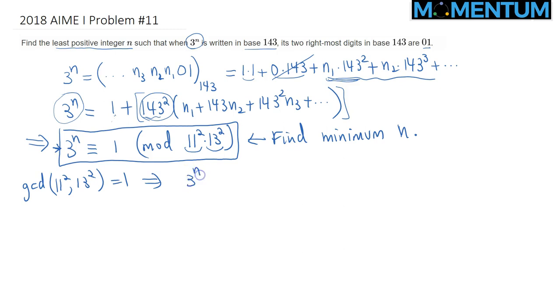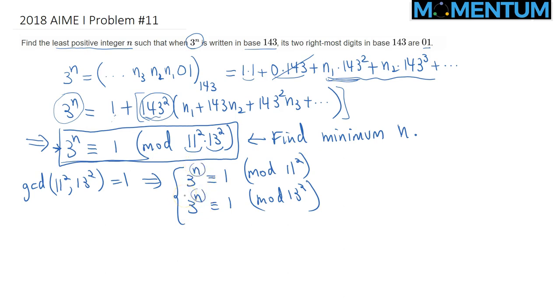So we have 3 to the n is congruent to 1 in mod 11 squared, and 3 to the n is congruent to 1 in mod 13 squared. This is an equivalent representation of the single congruence. So we split it into two congruences, and we would like to find the least n that satisfies both of these simultaneously.